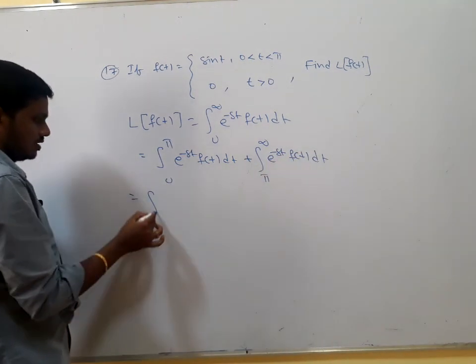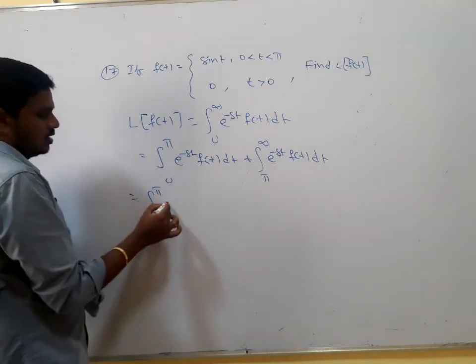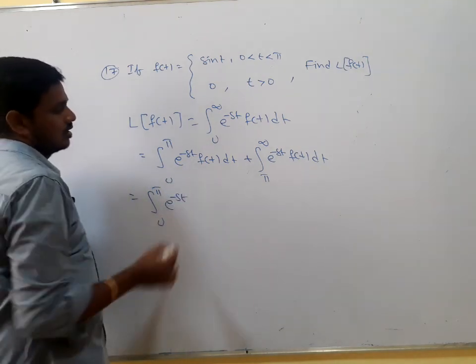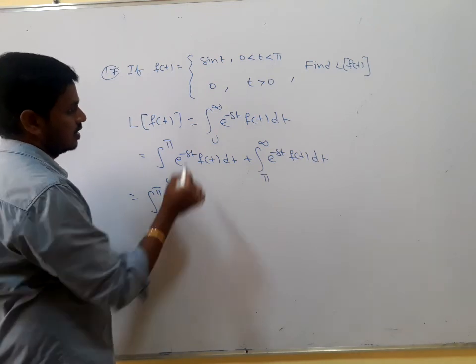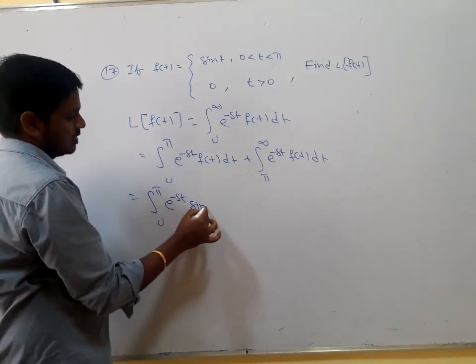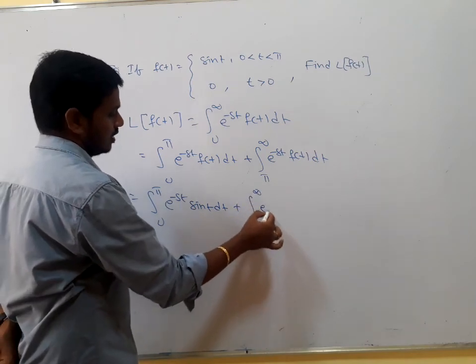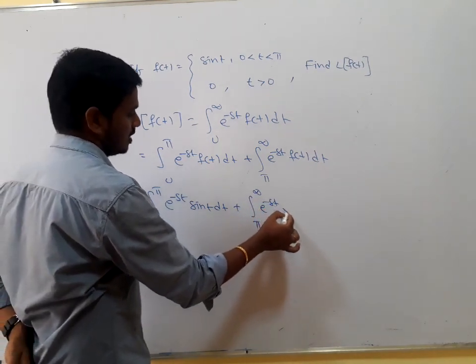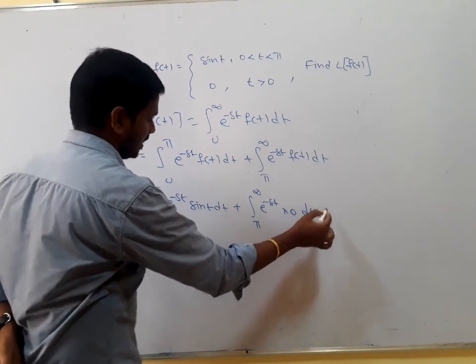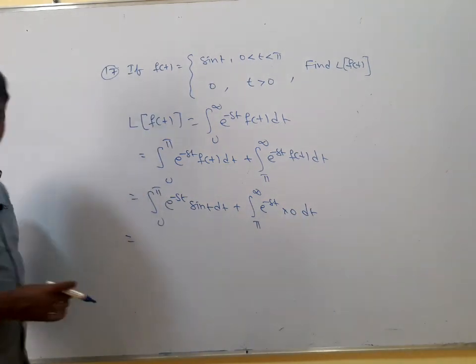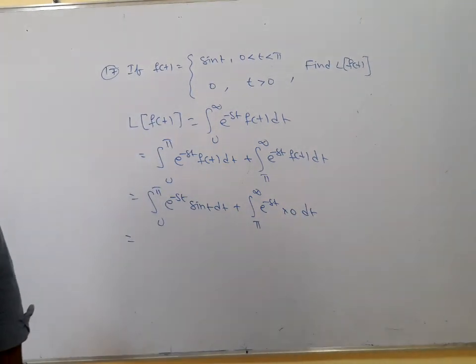Which is integral 0 to pi e to the power of minus st sin t dt plus integral pi to infinity e to the power of minus st into 0 dt. So again we need the formula for e to the power of ax into sin bx.